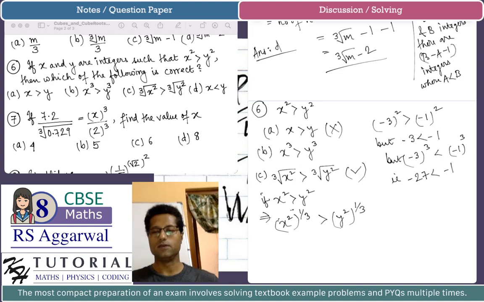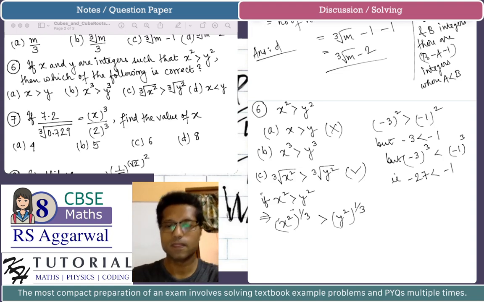So if x square is greater than y square, and we clearly know that x square and y square are both positive numbers, then the cube root of x square has to be greater than cube root of y square. So choice C is the correct statement.